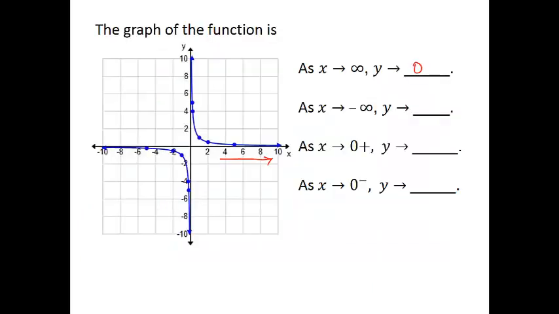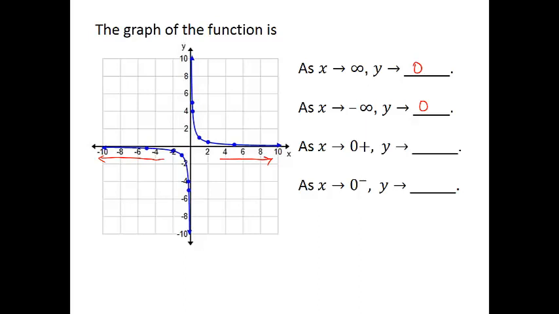As x goes to negative infinity, so that is as we go to the left of our graph, what's happening to y? Well, y is getting closer and closer to the x-axis, which means that y is getting closer and closer to 0.